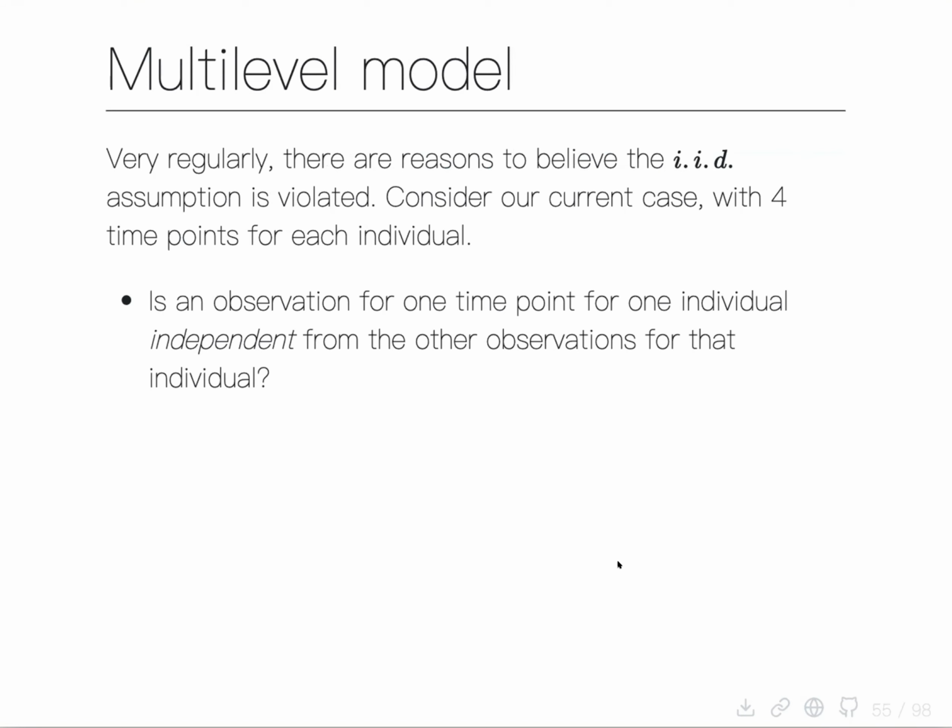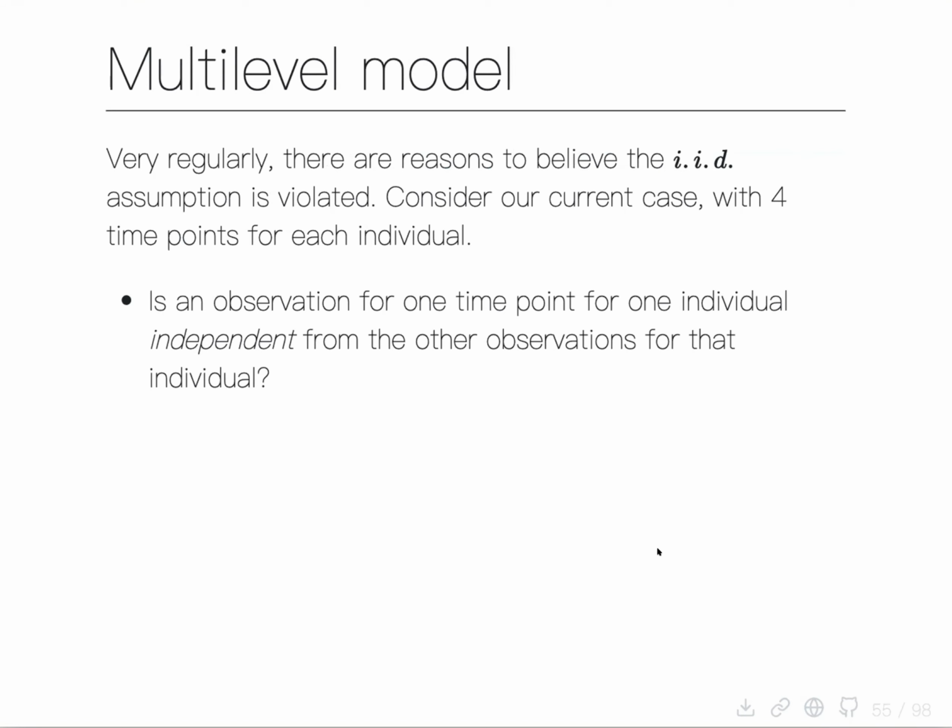Very regularly, there are reasons why we would assume that the residual structure is not IID, including this one. We have 4 time points for each individual. So an observation for one individual at one time point is not going to be independent from an observation for the same individual at a different time point.